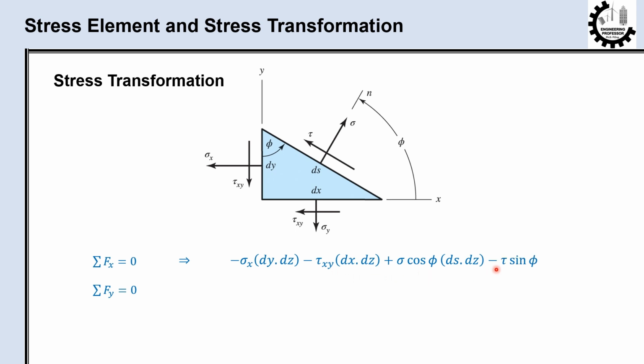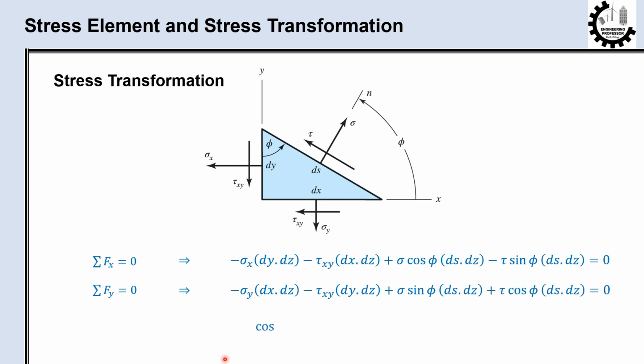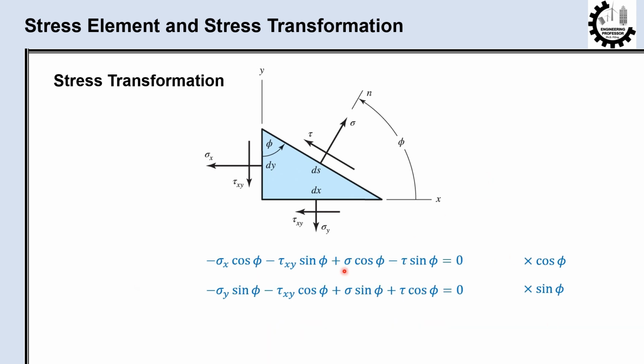We do the same for y direction. Now, we can replace cosine phi with dy over ds and sine phi with dx over ds. To simplify, we divide all terms by ds dz. So these equations are simplified to the following.